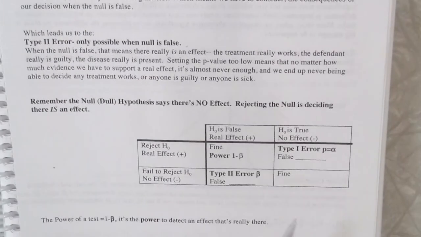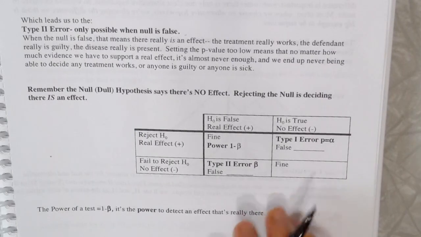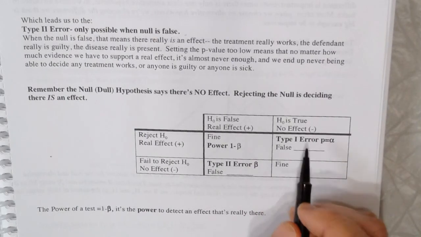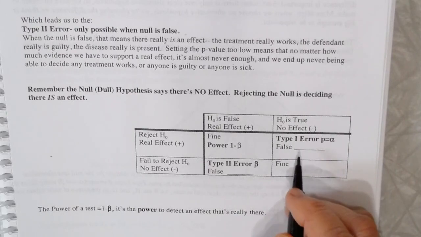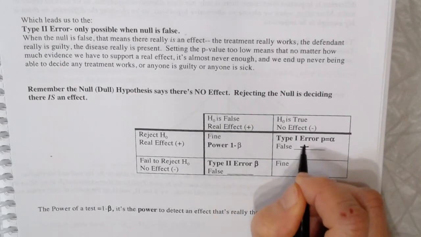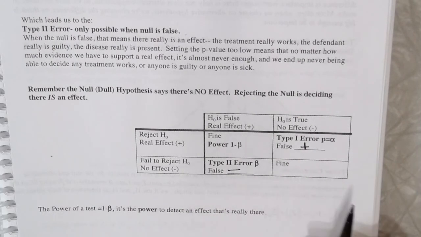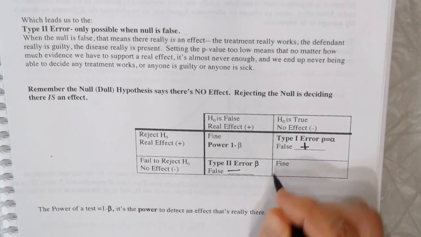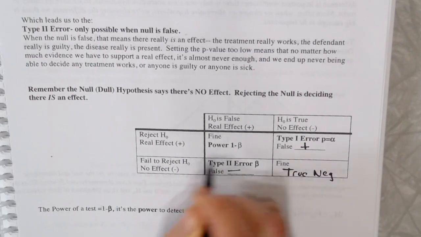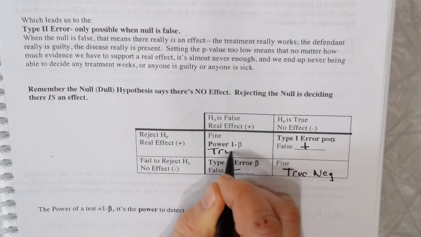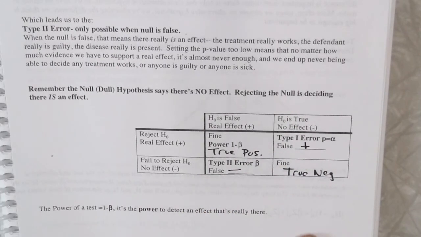And let's just fill out this chart here: the type 1 error is a false positive, right here, and the type 2 error is a false negative. And this is a true negative, right? And this is a true positive. So that's the idea, and that's it.